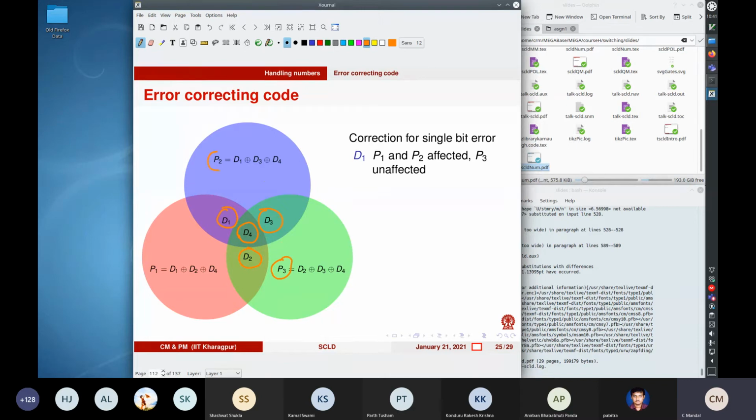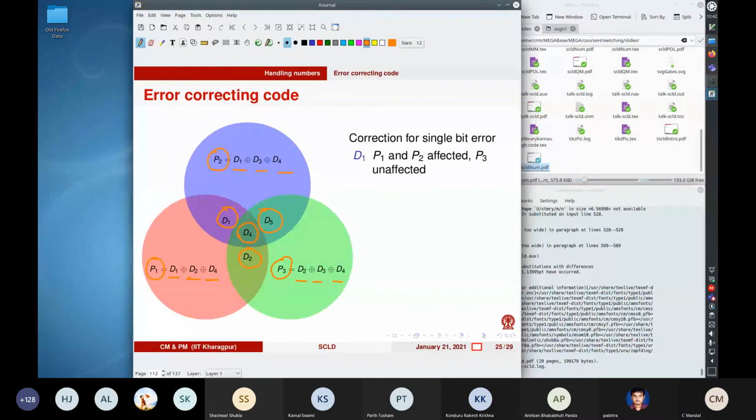So let us say P1 is defined on D1, D2 and D4, all right, and P2 is defined on D1, D3 and D4, and P3 is defined on D2, D3 and D4. So as you can see, these parity bits are defined on three different subsets.